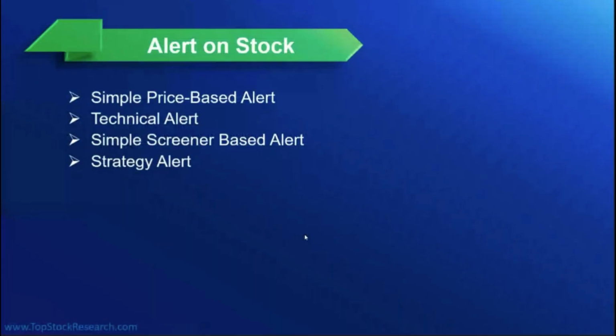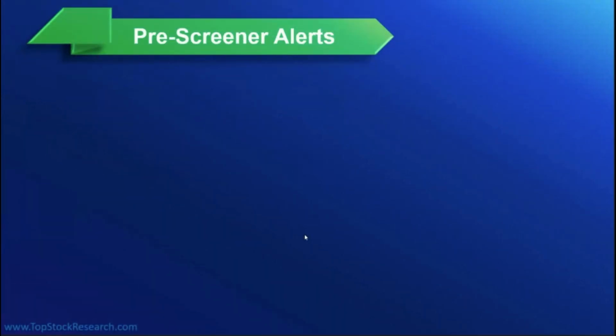Okay. What else we have? So that pretty much covers how you add alert on a stock, right? It can be price based. It can be screener based. Screener based would be a better option to see certain candlestick patterns being formed or not, right? So you like to have a particular stock. Let's say you want to go to Pfizer.